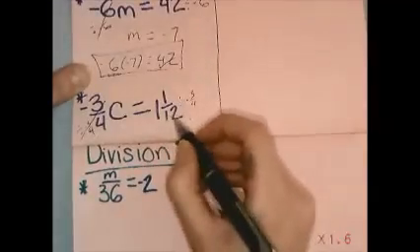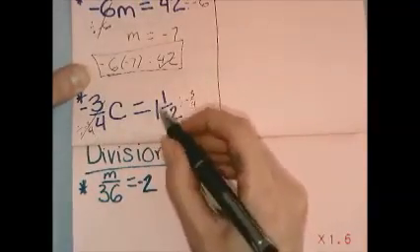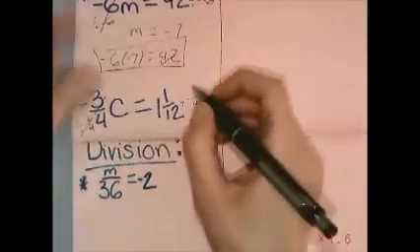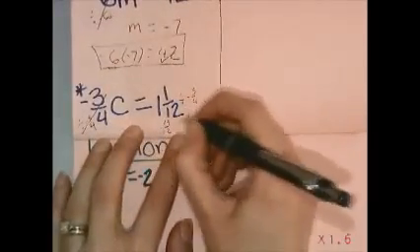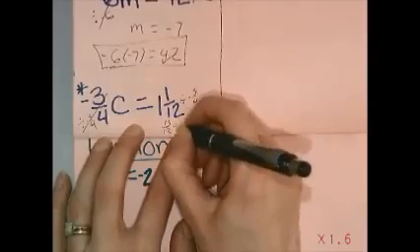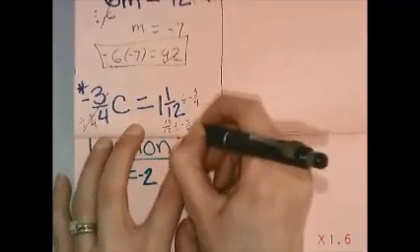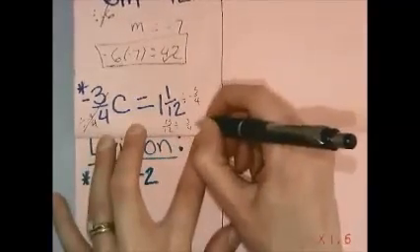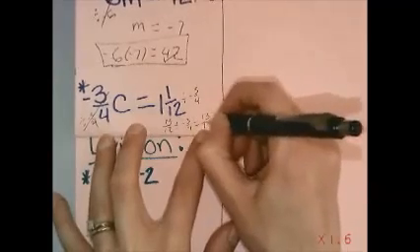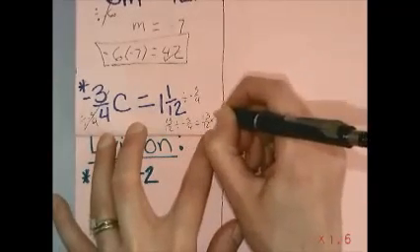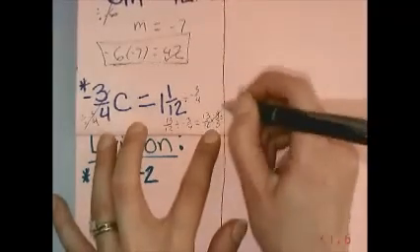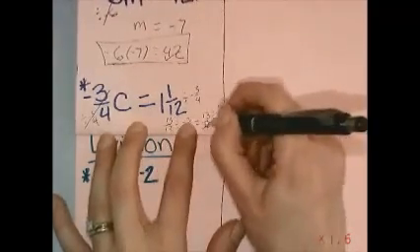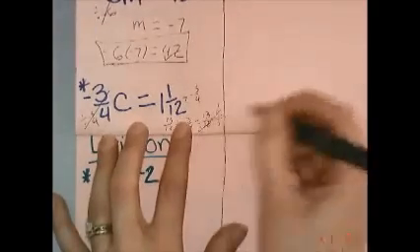To do that, I need to change this mixed number into an improper fraction, which gives me 13/12 divided by negative 3/4, and I need to keep, switch, flip. 13/12 times negative 4/3. I'm going to simplify the 4 and the 12, because 4 goes into 4 once and goes into 12 3 times.